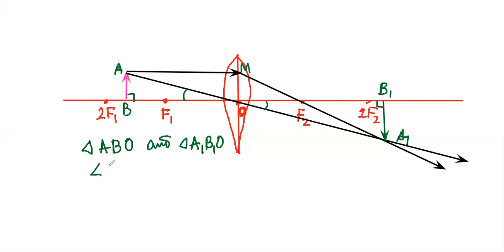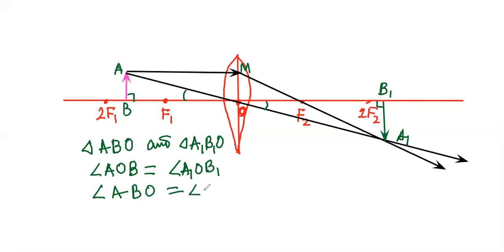Similarly, the third angle is equal to the third angle. So we can say triangle ABO is similar to triangle A1B1O.